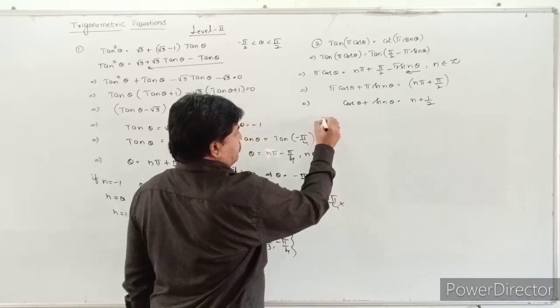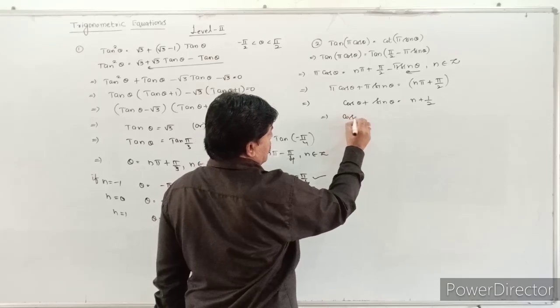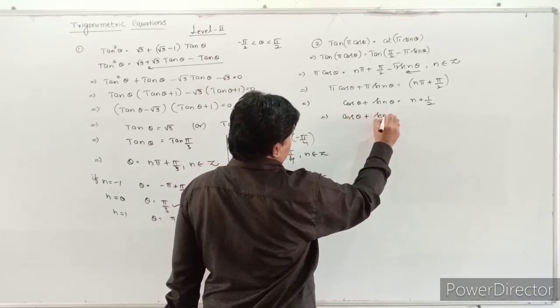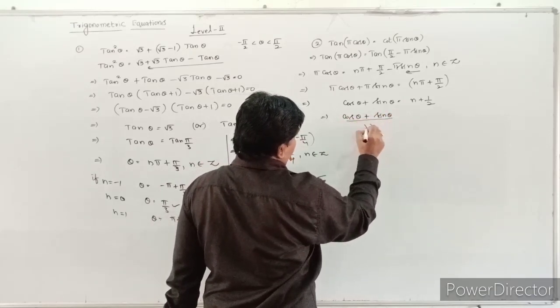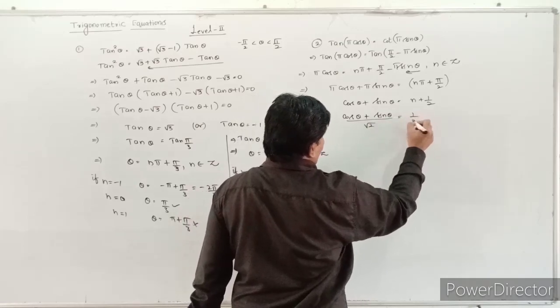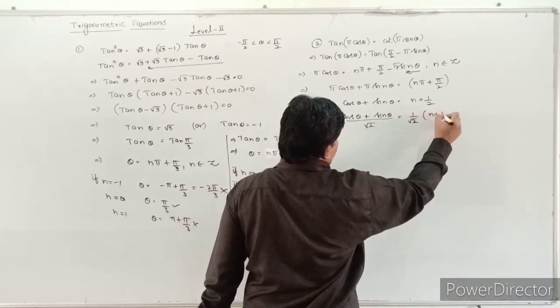I am going to divide on both the sides with root 2. So what happens? Cos theta plus sin theta whole by root 2 is equal to 1 by root 2 into n plus 1 by 2.